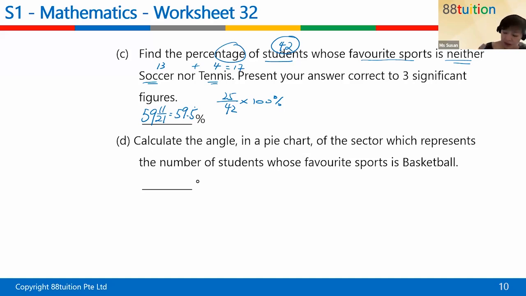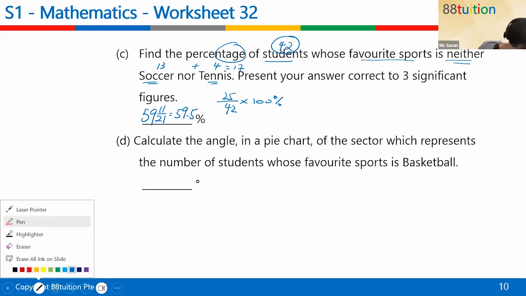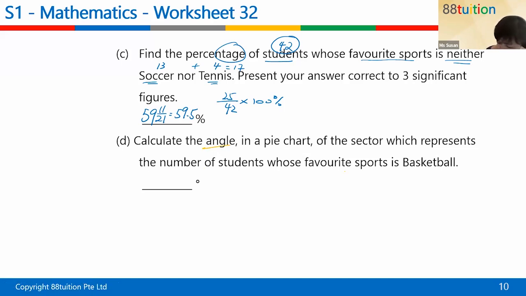Next question. He's asking you to calculate the angle in the pie chart. So now he's asking for angles instead, right? For angles, what he wants to represent is the basketball. You know that the angle in the pie chart is 360 degrees, and we need to convert the basketball.